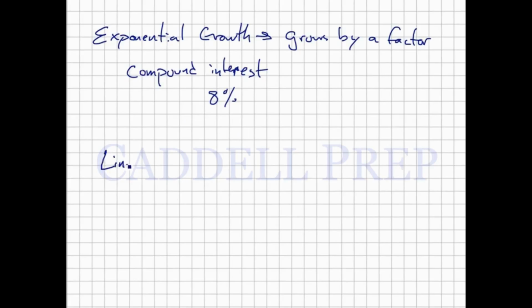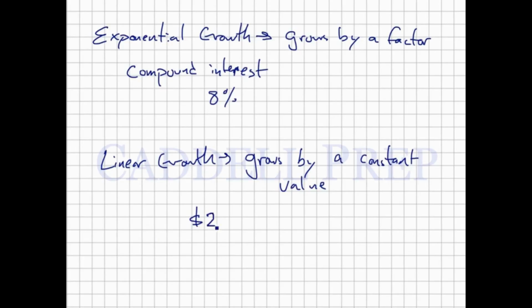Whereas linear growth grows by a constant value. So instead of growing by a certain percentage of what was previously there, it's just always going to grow by a set amount. So maybe each month goes up by $20.